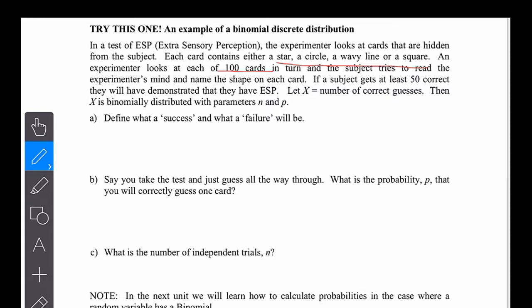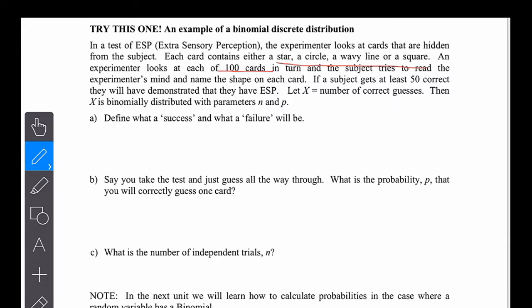Okay, so there's the subject, and then there's the experimenter. The experimenter holds a card without showing the face of the card, the image, and asks the subject to guess what the card is.